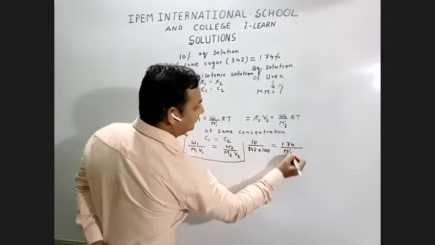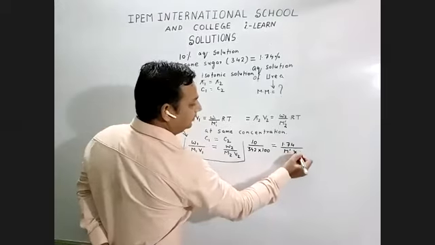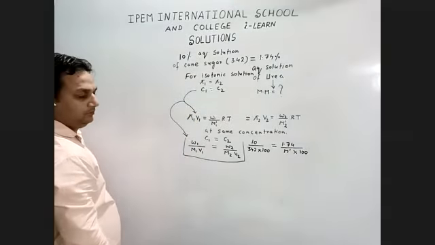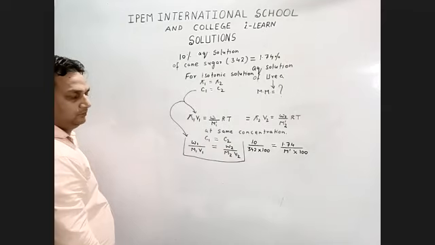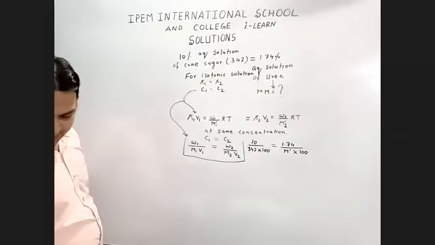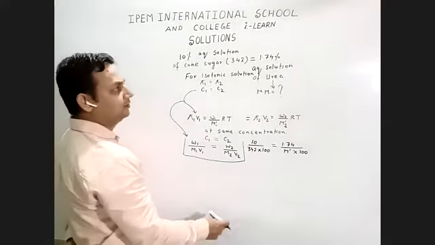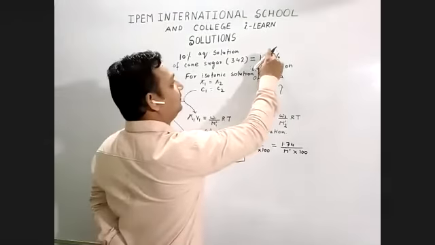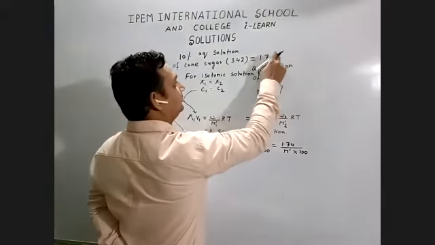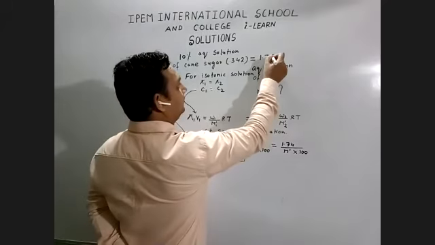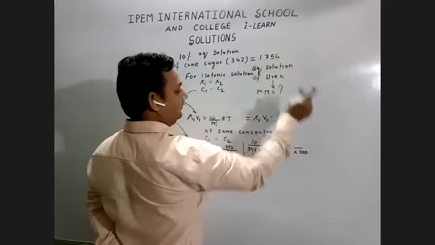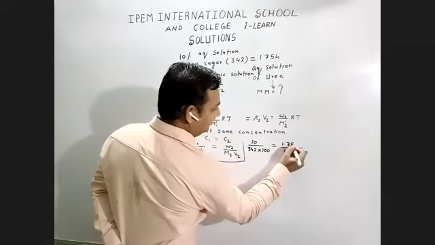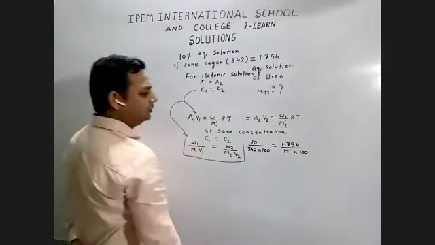The molecular mass of urea we have to calculate into 100. All right, so this we have to do: 1.75, this is 1.754. This is a board question.